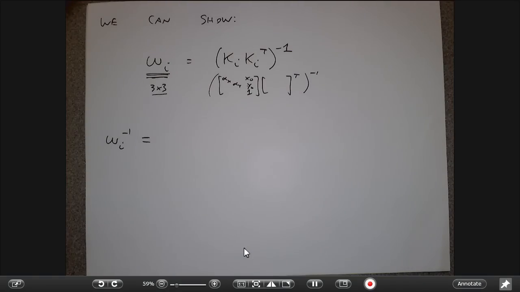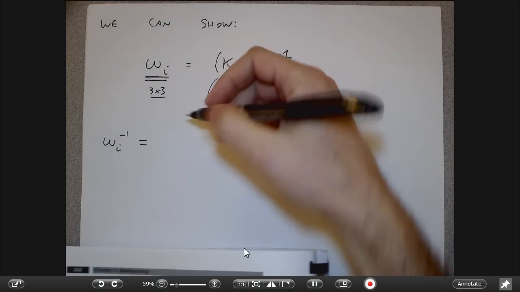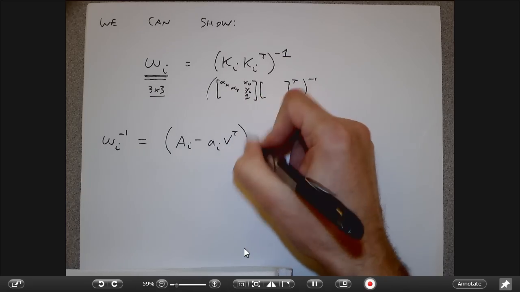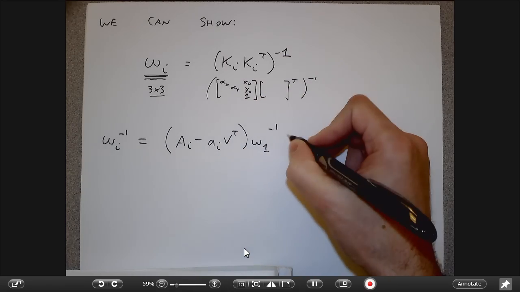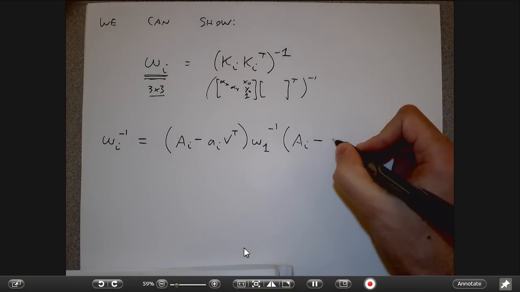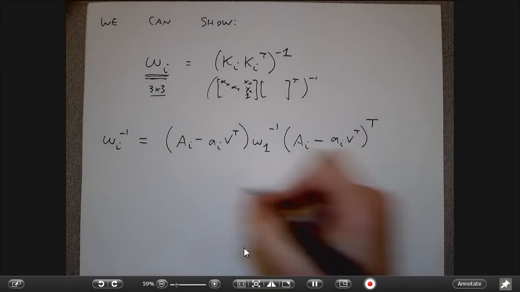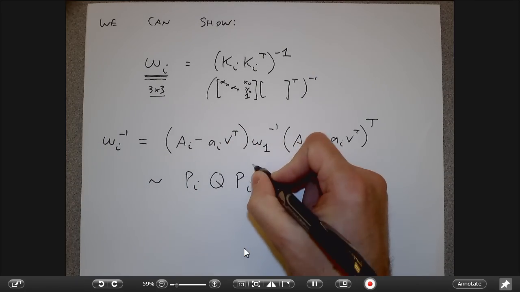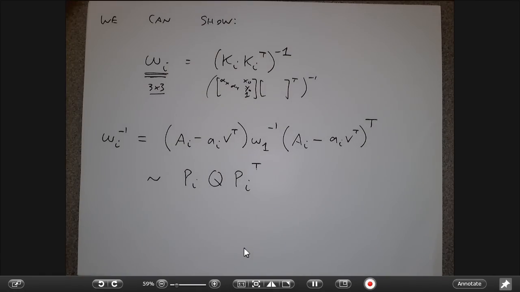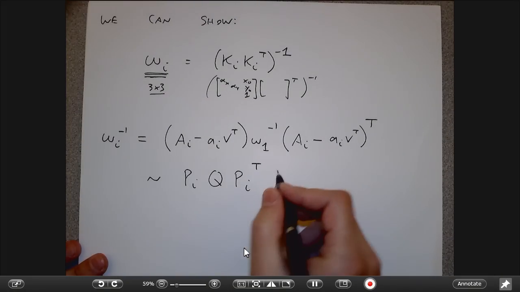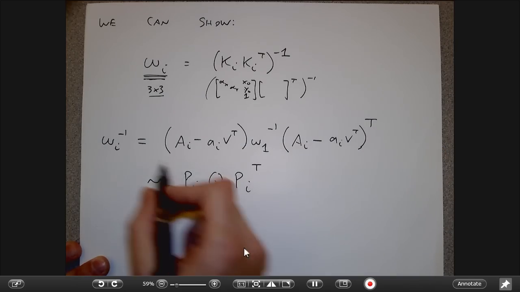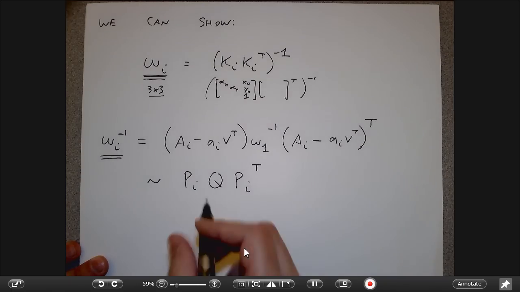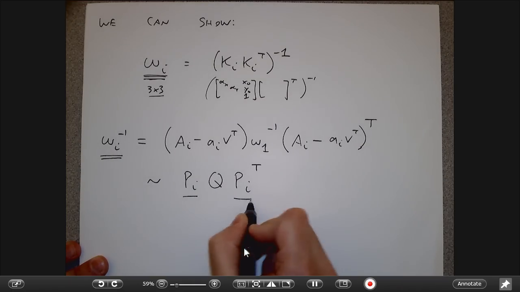For this, I'm going to bring my book over a little bit. Let me write this down first, and then I'll interpret what this means. What's the deal with this? This is saying that every camera's omega matrix is related to the camera matrix that I estimated from projective reconstruction.